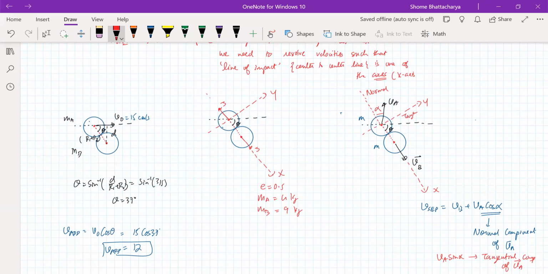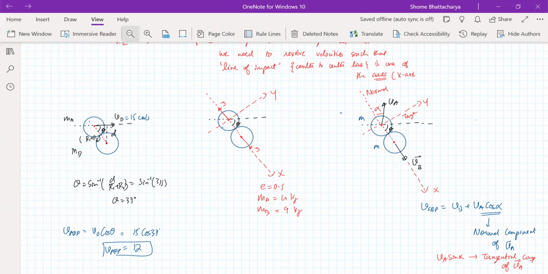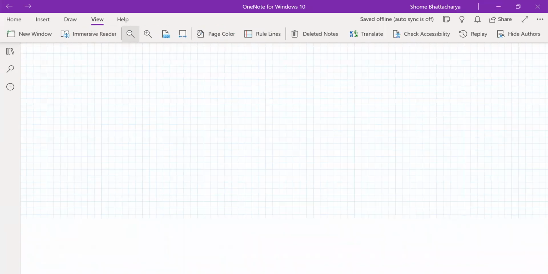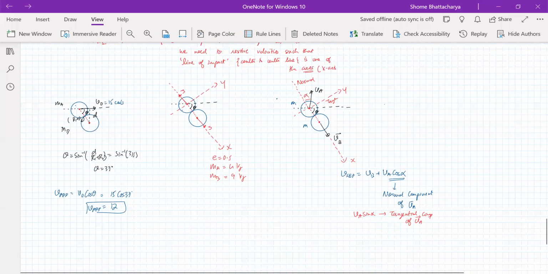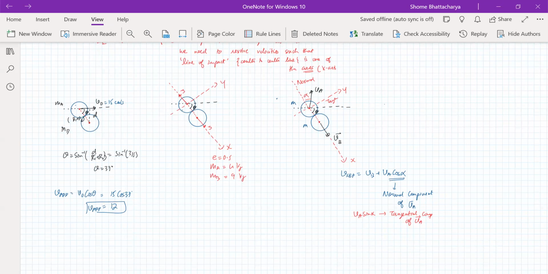That means there is no impulse on A acting in the tangential direction. So one thing we can directly see over here, before we worry about E and all that, is that the tangential component VA sine alpha should be equal to the tangential component here, which is V naught sine 37, 9 centimeters per second. So we'll come to that.